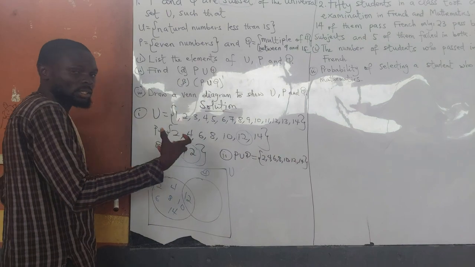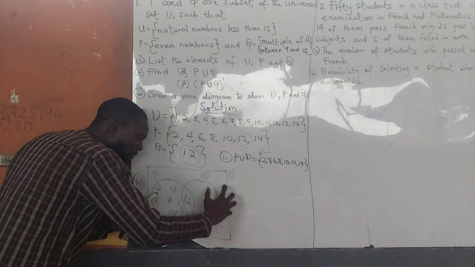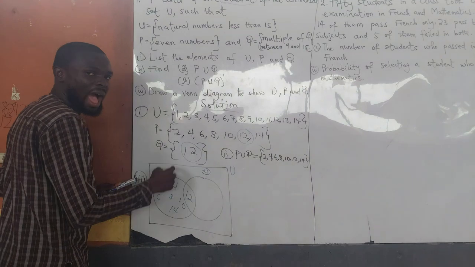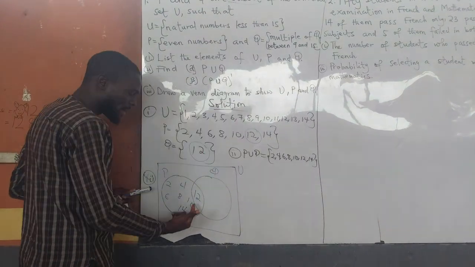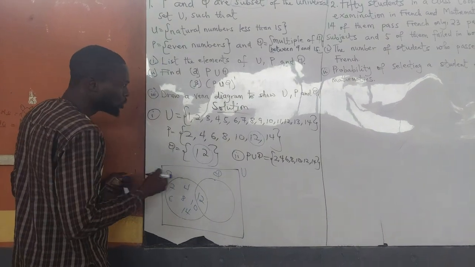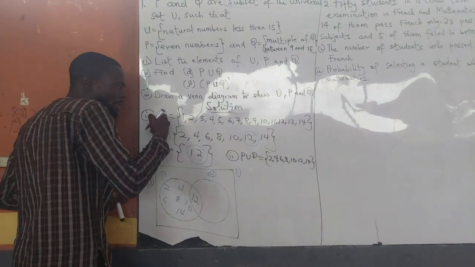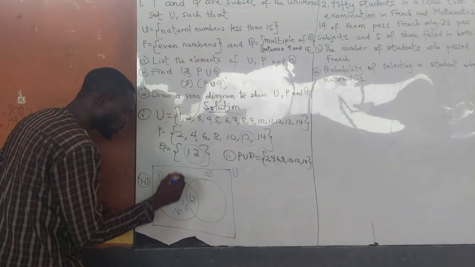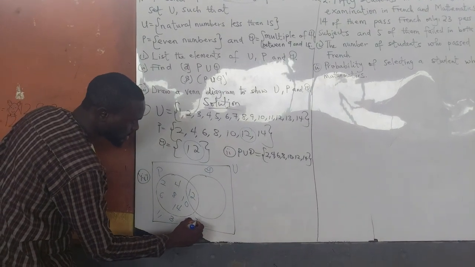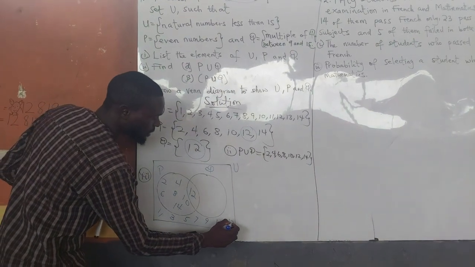Now after listing, you will notice that the universal set contains everything in a rectangle. So all the elements you have listed here happen to be in the universal set, but not in any of these two sets. So they are the complements. So we list all the complements here. That is what is not here, but is found in the universal set. So we have 1, 3, 5, 7, 9, 11, and 13.